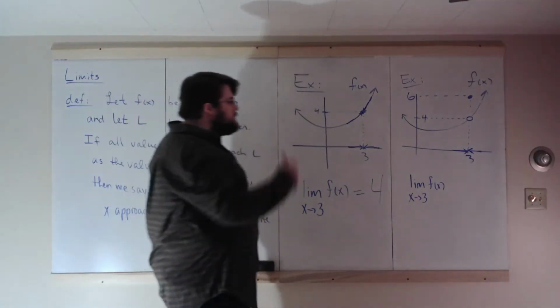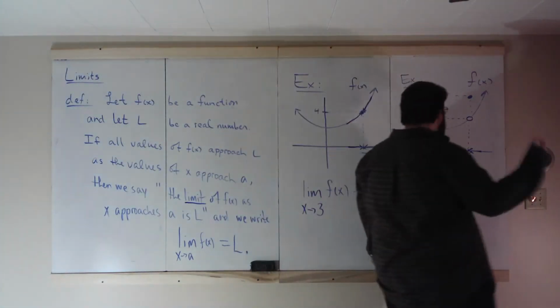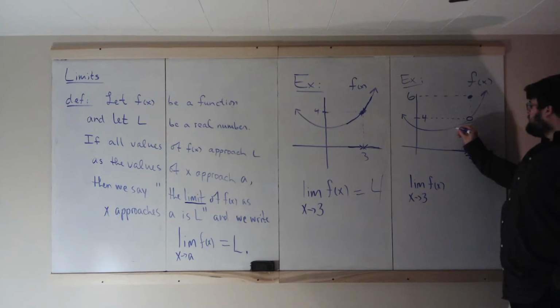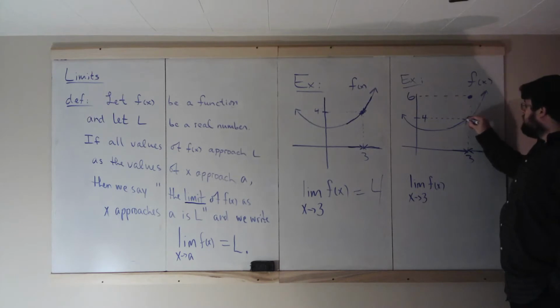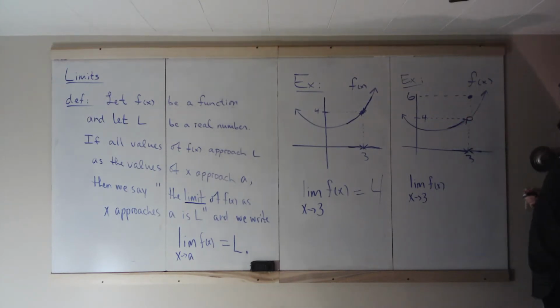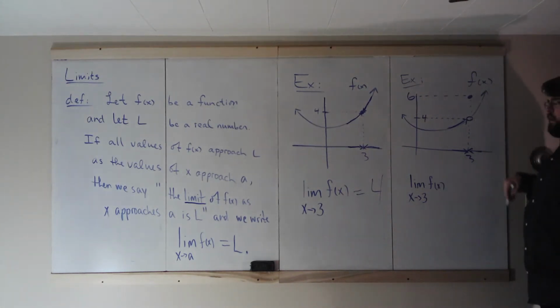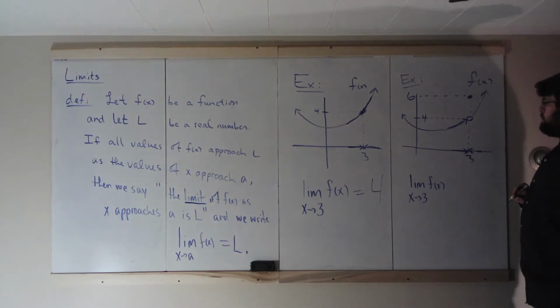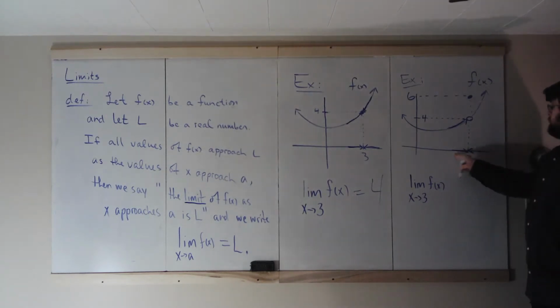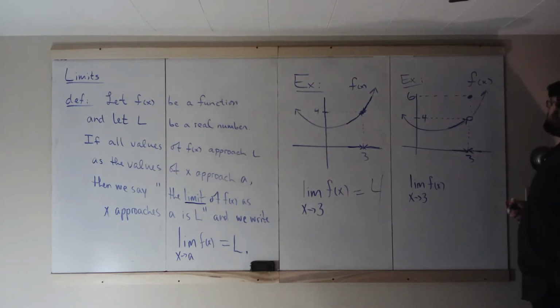Well, what happens to the function as x approaches 3? As x approaches 3, the function looks like that. It approaches this open dot as x approaches 3 on this side. We haven't looked at this side yet. What happens on this side?